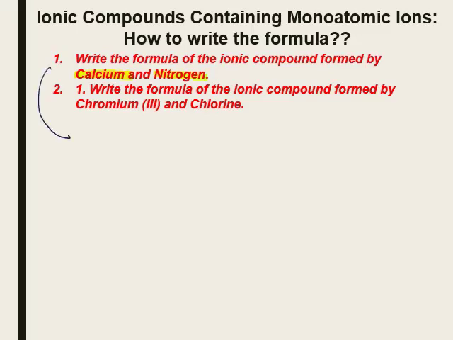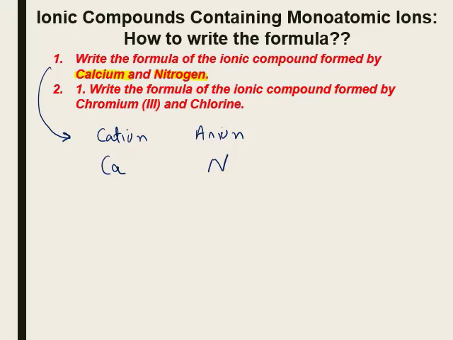In this case, as we learned earlier, first we need to identify our cation and anion. Our cation is calcium, and we're going to write the formula of calcium metal, and the anion is nitrogen. Next, step number 2 is to identify which group our metal cation and our non-metal anion belong to.